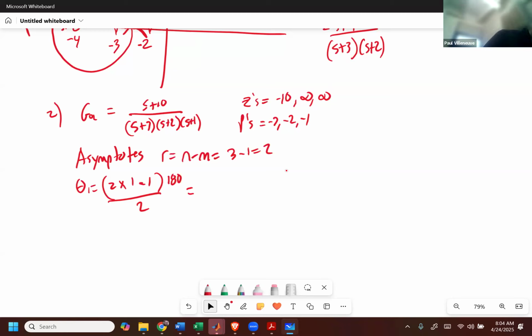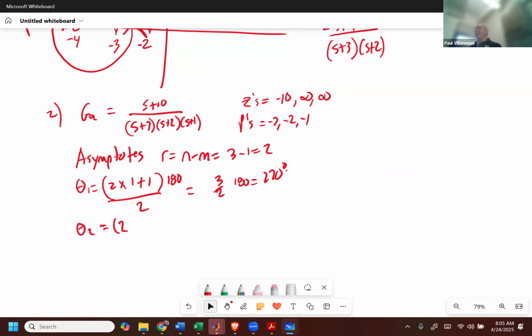It is +1, not -1. So 2 times 1, 2 plus 1 is 3. 3 halves times 180 degrees is, I shouldn't say 90, 270 degrees. Now I have my theta 2.